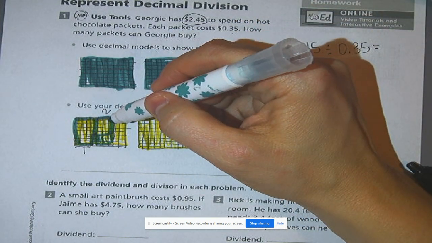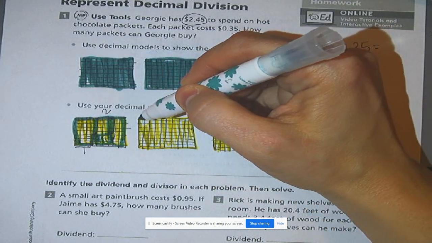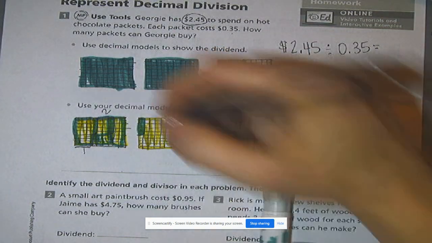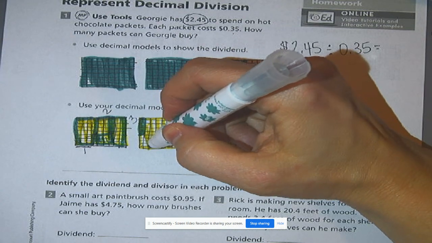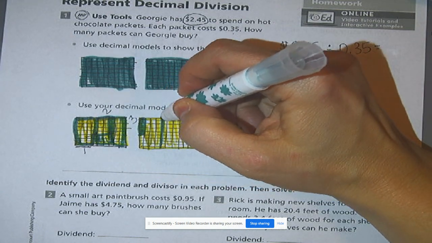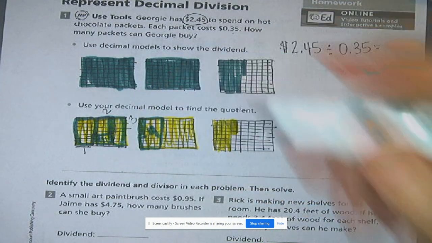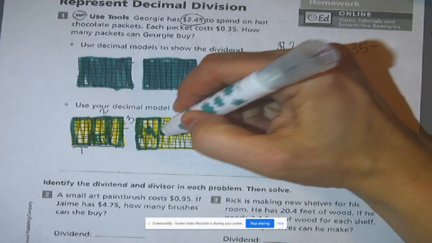So I should have this third 3. So there's a third group. Then 1, 2, 3, 4, 5, 1, 2, 3. There's a fourth group.